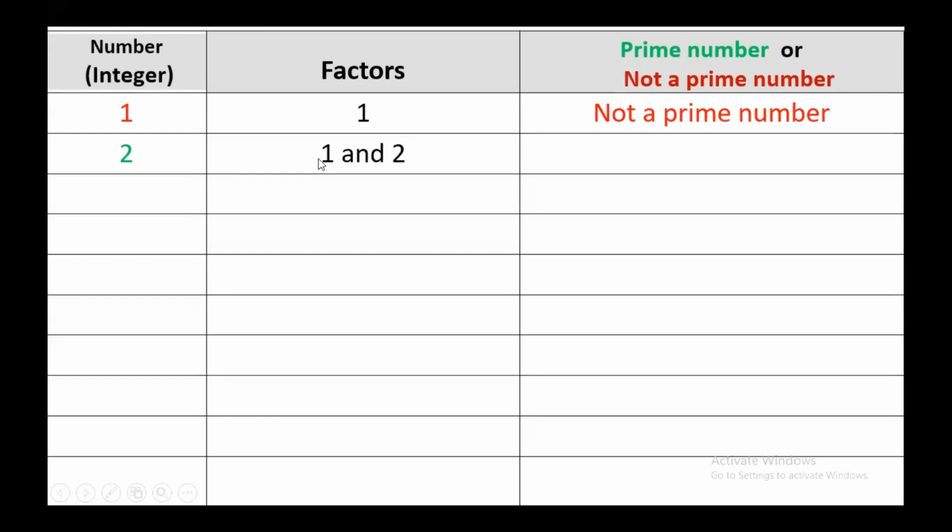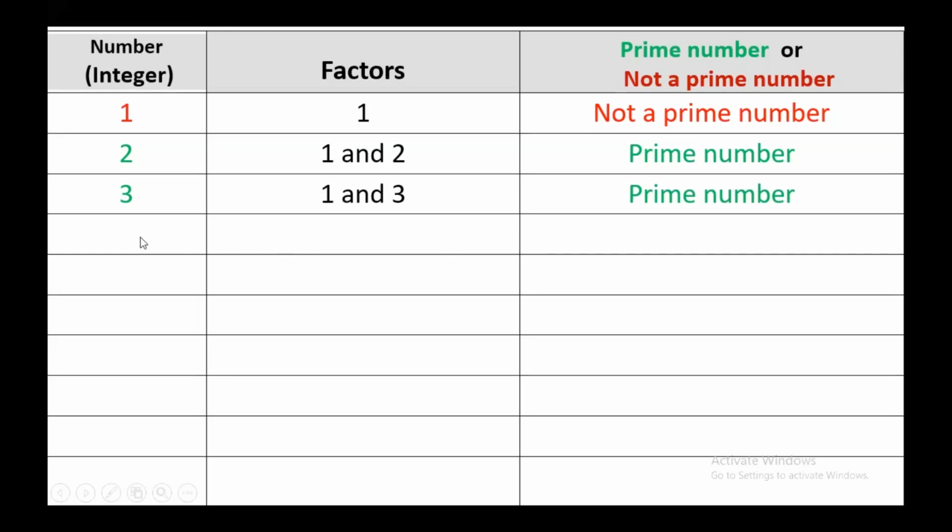Since the factors of two are one and two, we can say 2 is a prime number because it has two different factors, 1 and itself, 2. Third one is 3. Recall, find out the factors of 3. Factors of 3 are 1 and 3. So there are two different factors, one and itself only. So we can say 3 is a prime number.